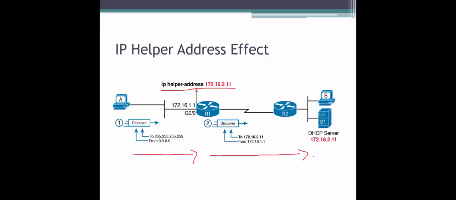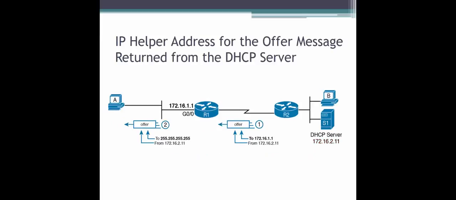The helper address will respond with the offer and the acknowledgement, the same way it happened if it was local, but here it's not tied specifically to our local network. And here again, the offers do come back from our remote DHCP server.